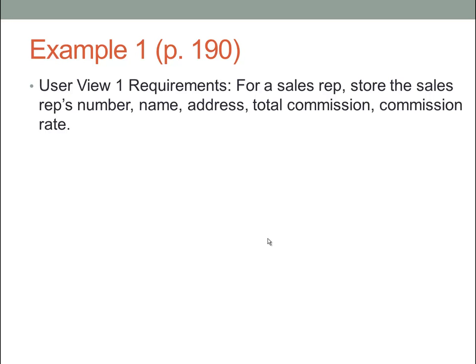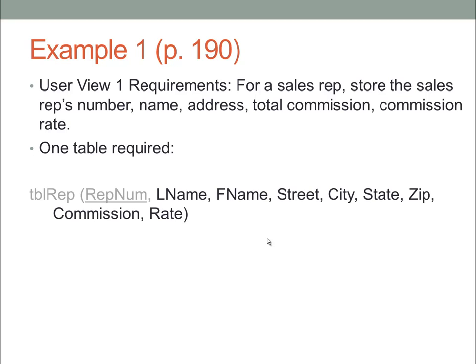So I meet with a group of users and this is what they want to know. So I leave and I sit down and I figure out how I need to design that. I figure out that only one table is required, and I determine that that table is going to be a table rep. I determine that the primary key is rep number, and I figure out what other fields are necessary.